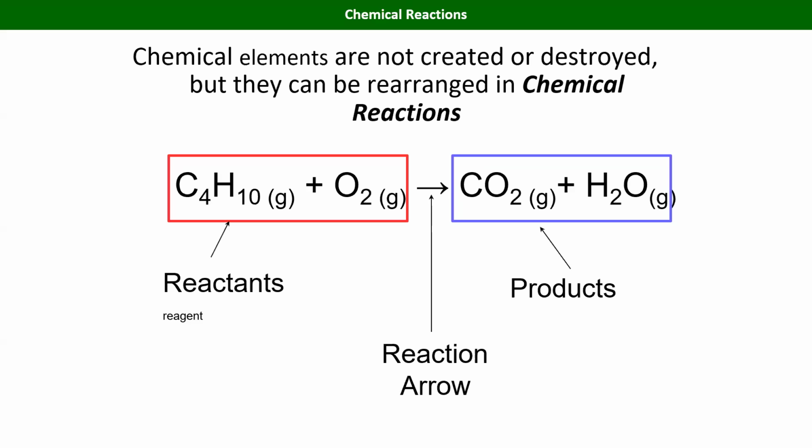The terms we use for what we started with, your starting material, your ingredients, are reactants, or the older term that I still slip up and use from time to time, reagent. The word reagent literally means the exact same thing as reactant. So we're always going to have this before and after.